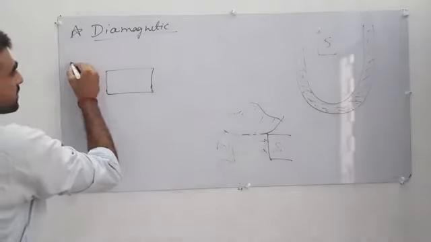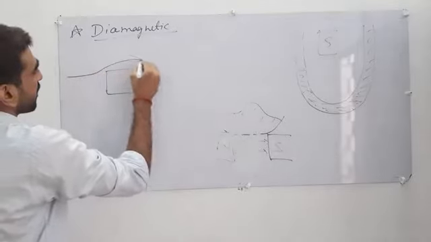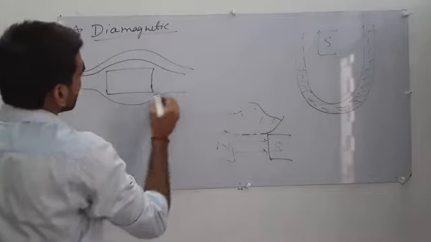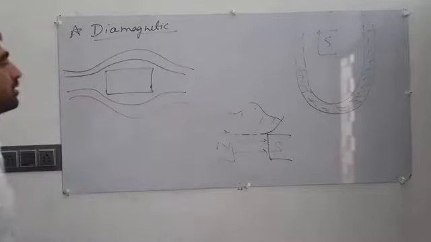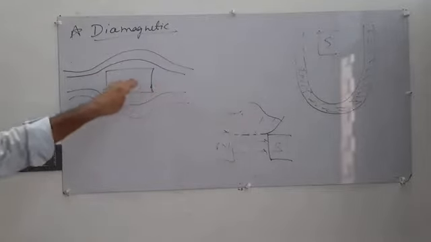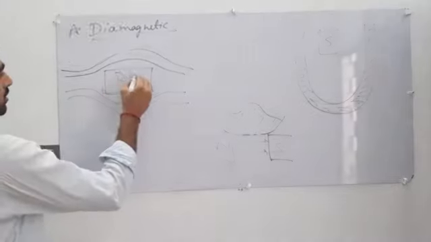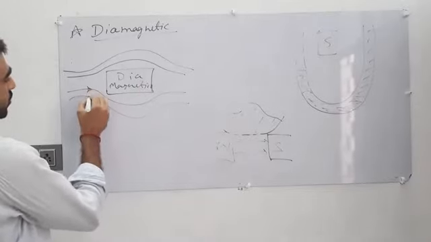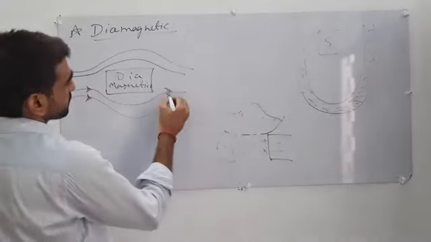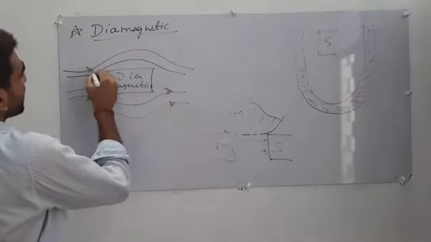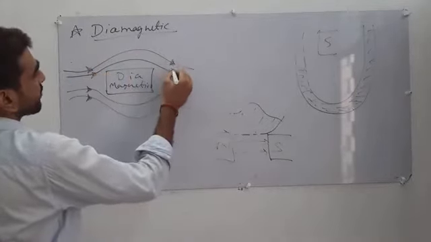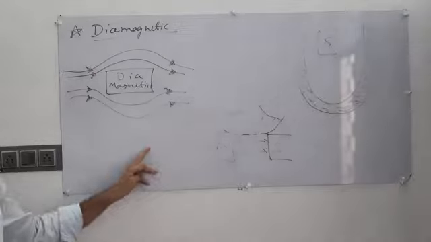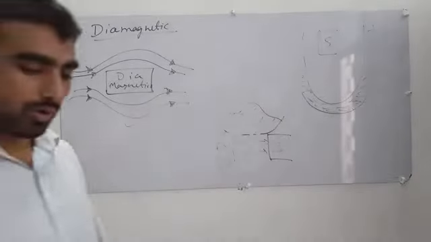That means the magnetic field lines do not cross through the inner side of the diamagnetic material; they cross it in an outward manner, because the tendency of diamagnetic material is to repel these magnetic field lines. That's why we obtain this type of structure.